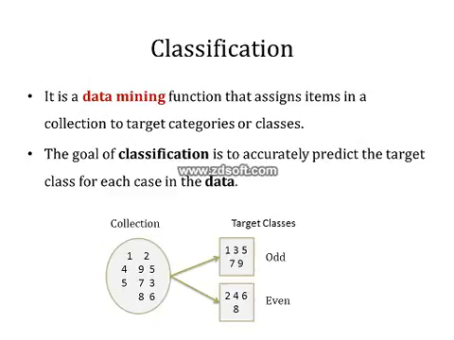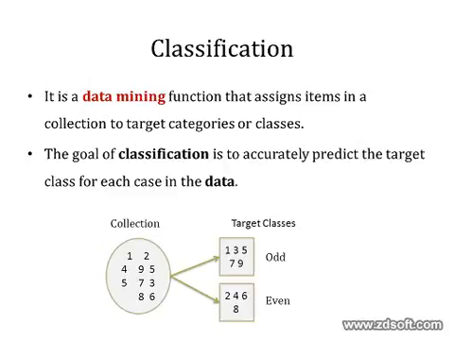For example, now we have digits 1 to 9 in our collection. We have two classes, odd and even. The numbers 1, 3, 5, 7 and 9 are in the odd class, or we can say that the numbers 1, 3, 5, 7 and 9 are labeled as odd, and the numbers 2, 4, 6 and 8 are in the even class.